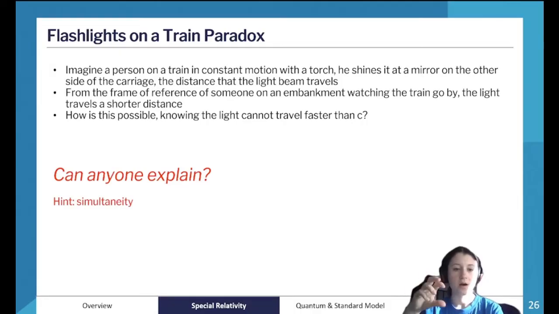Now, there are a few different variations on this paradox. So, before I get to the solution, I might just quickly explain one other variation that I think is a little bit more common than this one. If you are a little bit confused with this one, then don't worry.